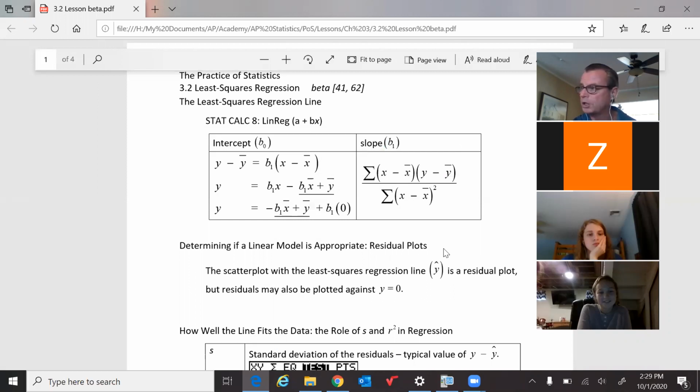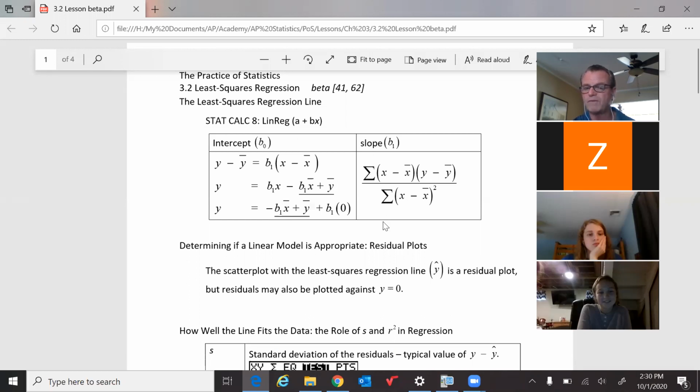Okay, y hat is what you get after you do the regression. It's a predictor line. So if you see a hat over the y, you're trying to predict something based on a line of best fit. B sub 1 stands for the slope. B sub 0 is the intercept. Okay?